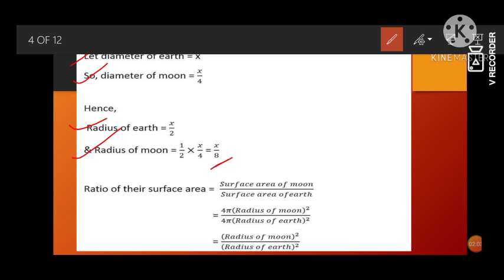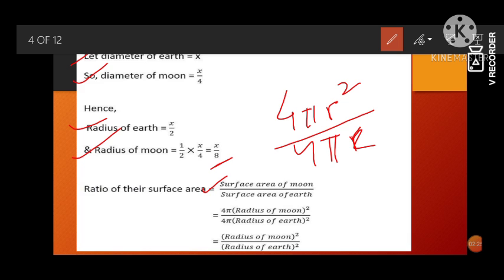Now the ratio of the surface areas will be surface area of the moon by surface area of the earth. So the formula for surface area of the moon, as they are spheres, will be 4 pi radius of moon square by 4 pi radius of earth square. You can denote the radius of earth as capital R and the radius of moon as small r.